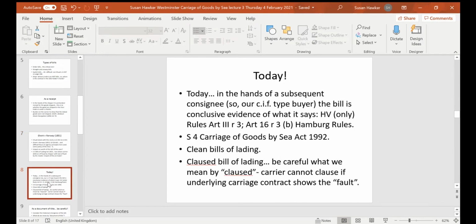Right. Anyway, all this is somewhat academic because the picture has changed. And there's a much more modern approach now. In the Visby amendments to the Hague Rules in 1968, which led to the Hague-Visby Rules, Article 3, Rule 3 says that in the hands of the consignee, the bill of lading is conclusive evidence of what it says.